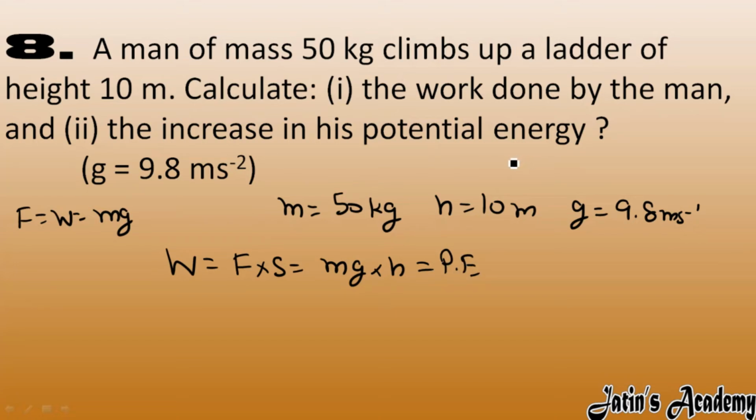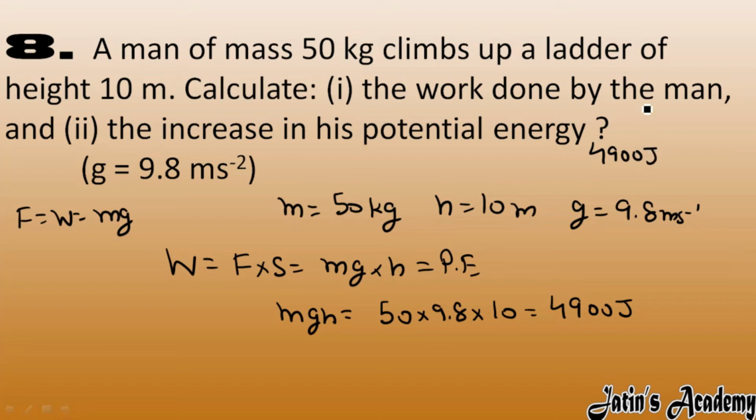So we will calculate only one value as mgh. So both answers are same. Mass value we have 50, g value we have 9.8, and h value we have 10. So from here we got 4900 joule. So the gain in potential energy or work done by the man, both answers are same, that is 4900 joule.